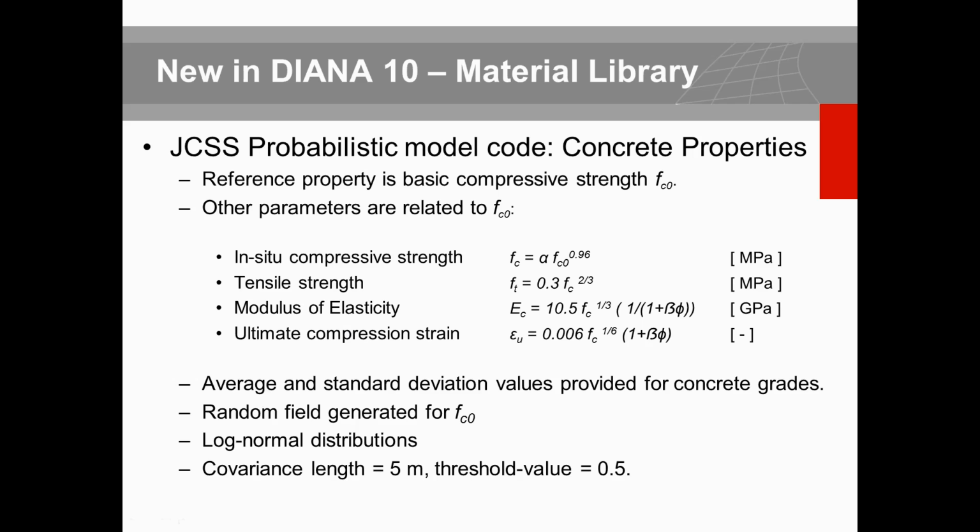Based on all those basic correlations, there are some recommendations by the code, which, based on the reference average and standard deviation, can be recommended for those parameters. The program uses the log normal distribution to give you a random field of distribution of these parameters in the model as material properties. The recommendation of this code says the covariance length is 5 meters. That means within 5 meters the material properties can change, and the threshold value is 0.5. But these things can be overruled by the user.